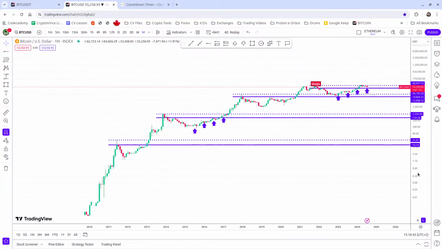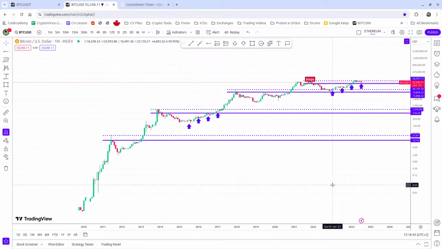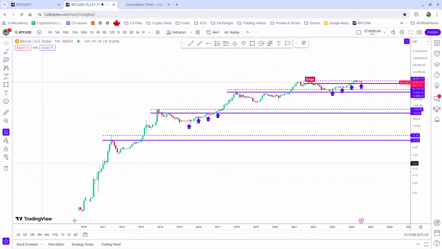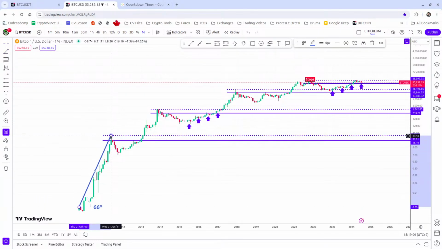There's one thing I really don't like about the weekly, which is the fact that on every single bullish run, the trend changed the angle, kind of. If I trace a trend line considering the angle, there should be a tool here, trade angle. Okay, so if I trace from this high to this high, we have a 66 degree angle.